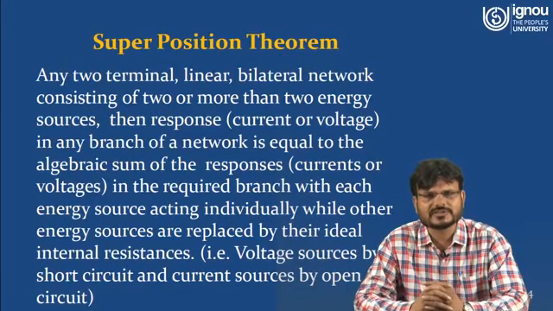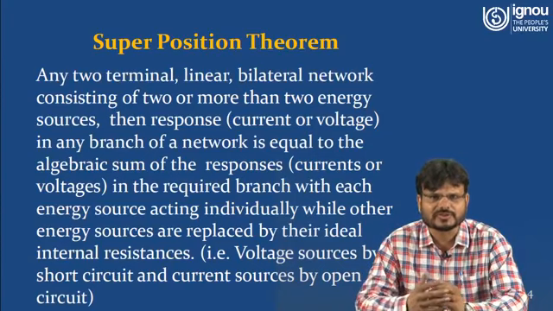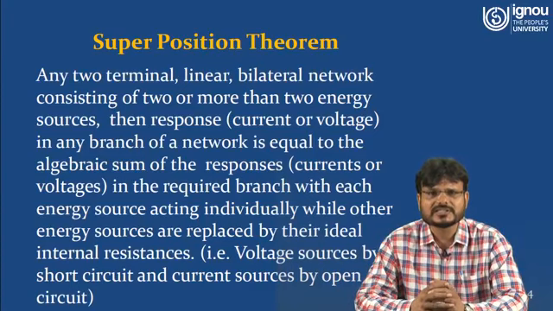First of all, we will discuss the superposition theorem. The superposition theorem states that for any two-terminal linear bilateral network consisting of two or more energy sources, which may be voltage sources or current sources, the response in terms of current or voltage in any branch of the network is equal to the algebraic sum of the responses in the required branch, with each energy source acting individually while the other energy sources are replaced by their internal resistance.